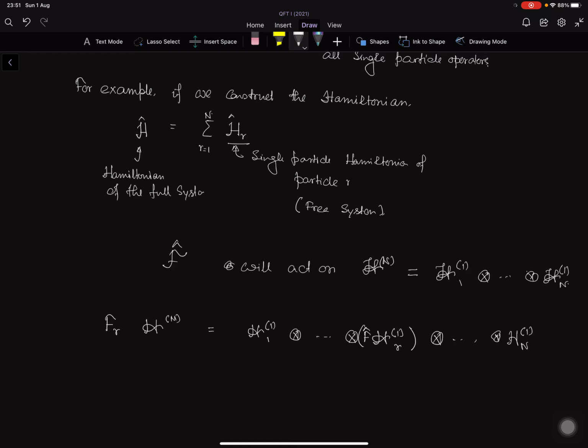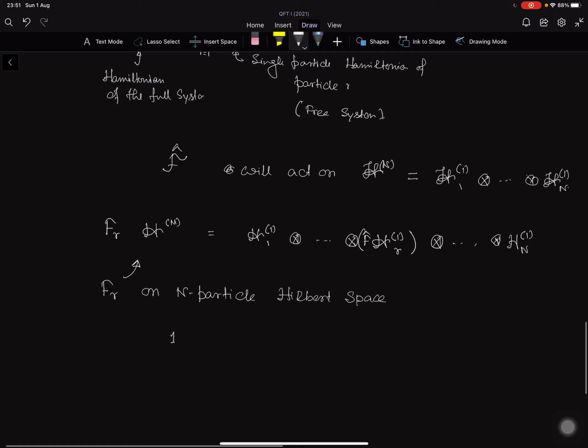Okay, so to be more precise, f of r acting on the n particle Hilbert space, you can think of it as identity times dot dot dot, with f in the rth place, and then identity elsewhere.